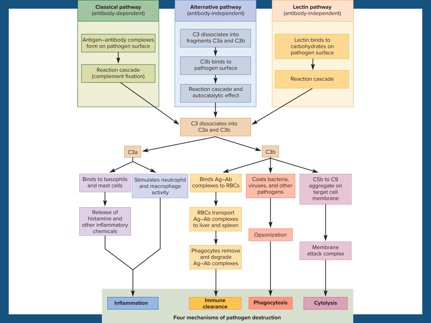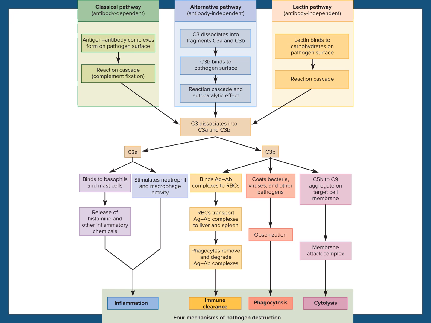Lectins are plasma proteins that bind to carbohydrates. So in the lectin pathway, a lectin binds to certain sugars that are on a microbial cell surface. And that will set off yet another reaction cascade leading to C3b production.